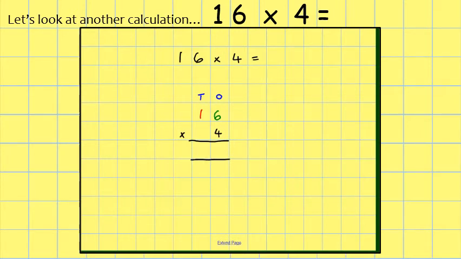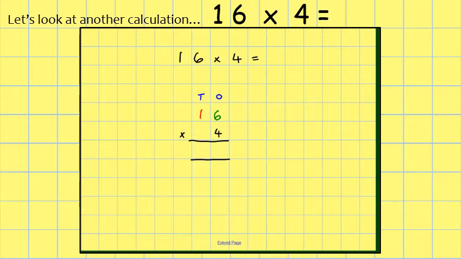So I've got 6, 4 times. 4 times by 6, 6 times by 4. So there's an easy way we can do this. If you know your 4 times table, that's great. If you remember, we can double our 2 times table to get to the answer for the 4 times table. So 2 lots of 6 is 12. Double 6 is 12.